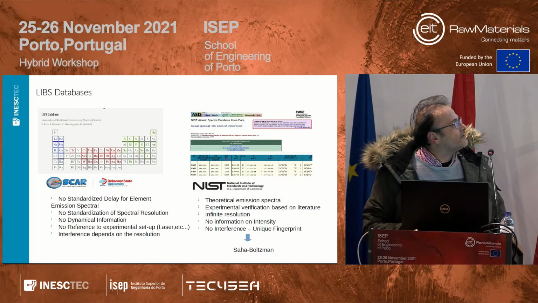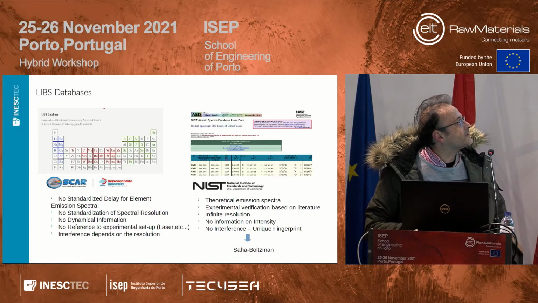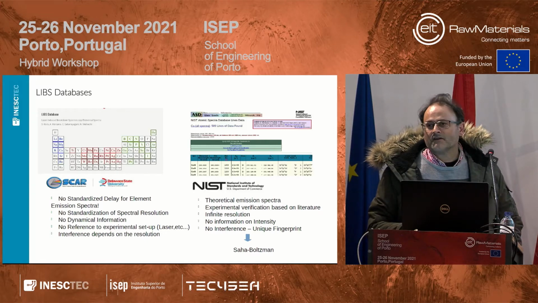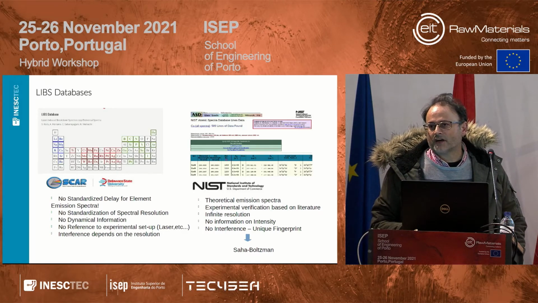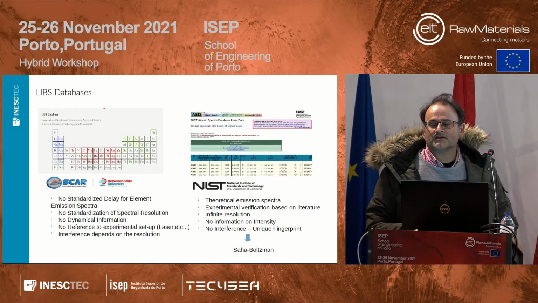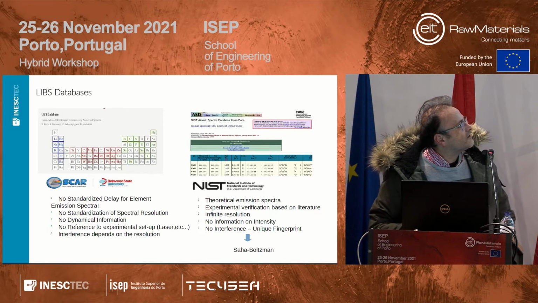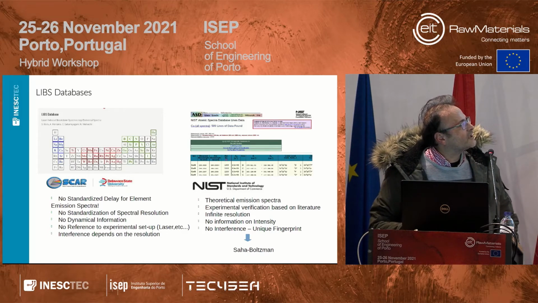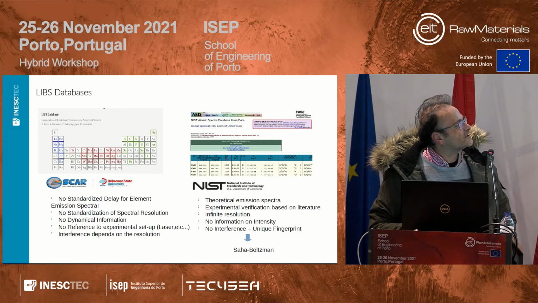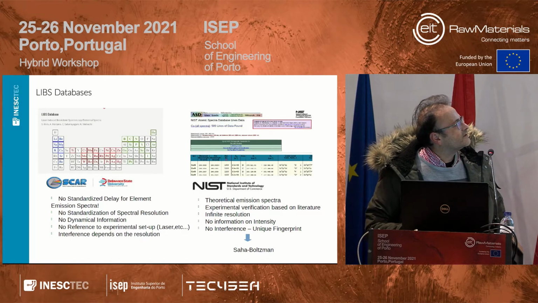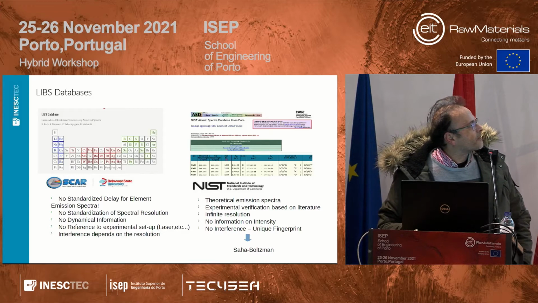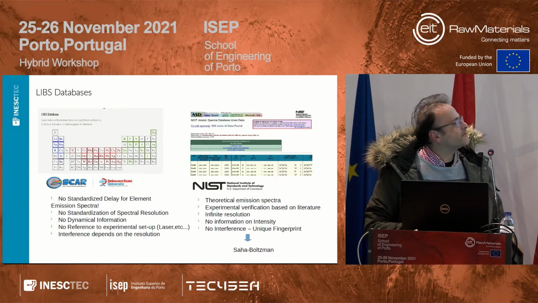The theory of LIBS is governed by equations that are well known to science. These are the plasma equations, also known as the Saha-Boltzmann equations, and data for all the elements and ionization stages can be found at the NIST element database.